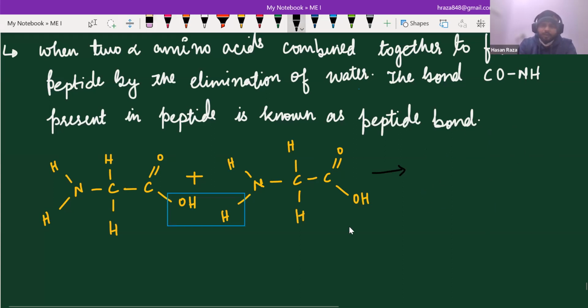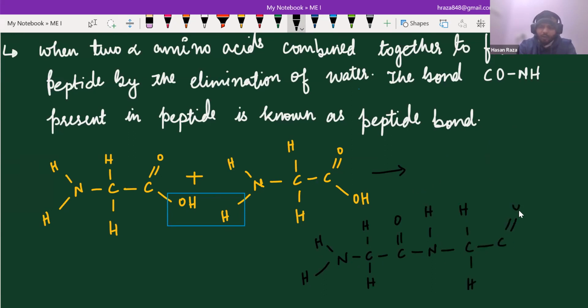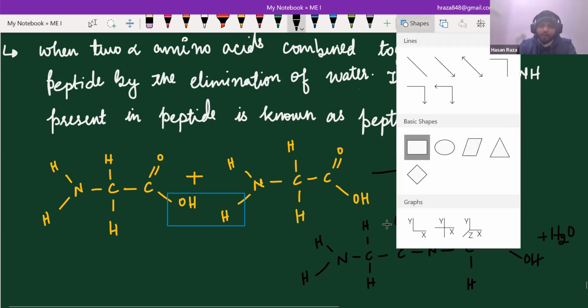You can see this is your hydrogen, this is also your hydrogen, this is your carbon, then C double bond O, and then comes nitrogen with one of the hydrogens, because one hydrogen is disconnected, and then C H H, and then C double bond O, and this is your OH. H2O is basically eliminated.